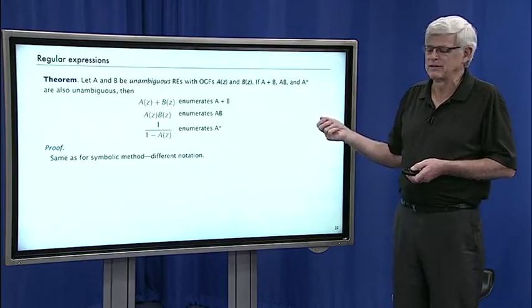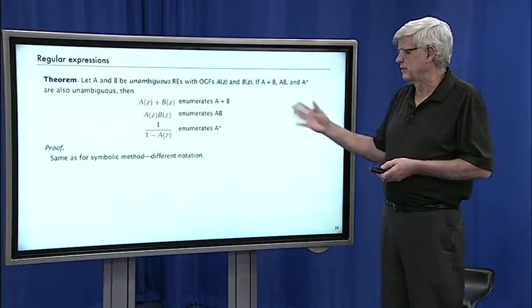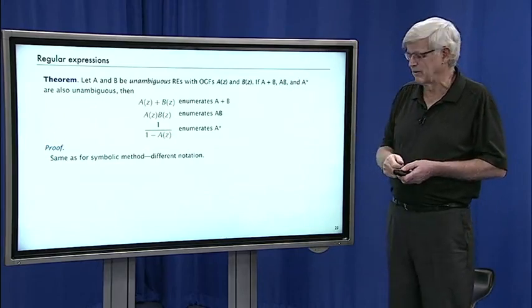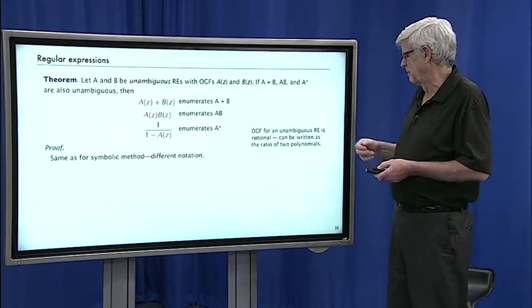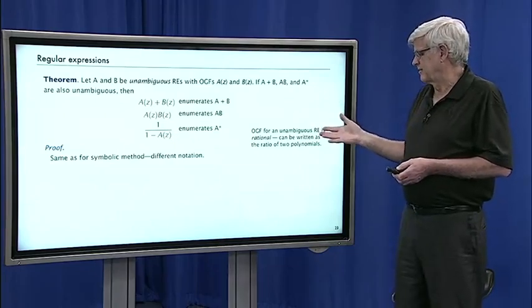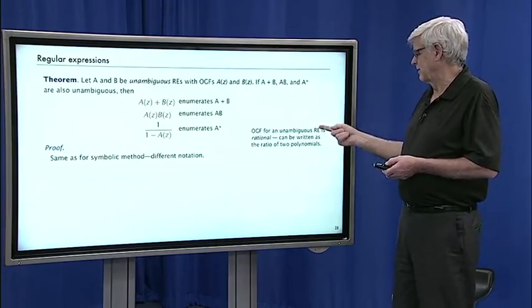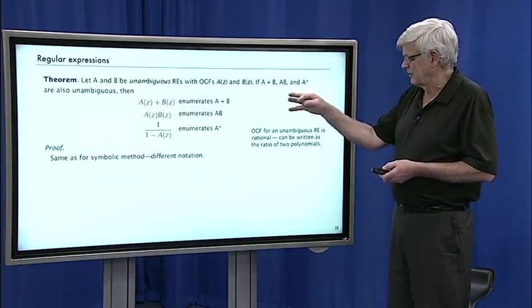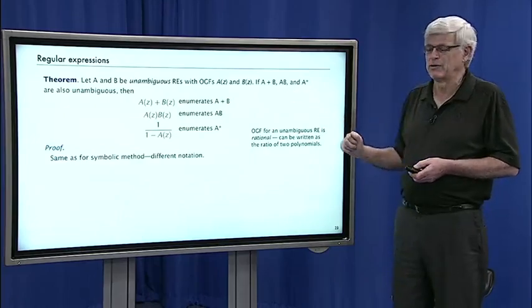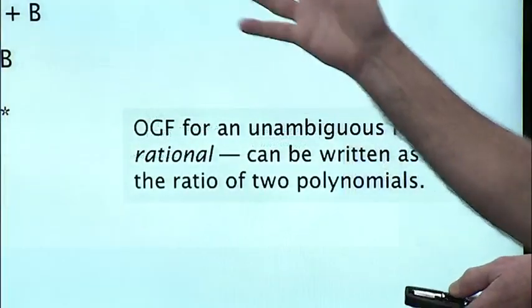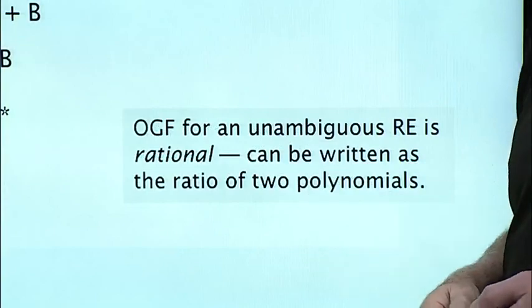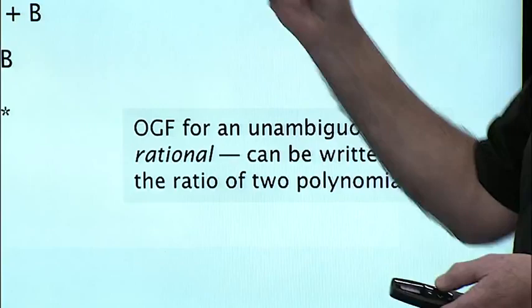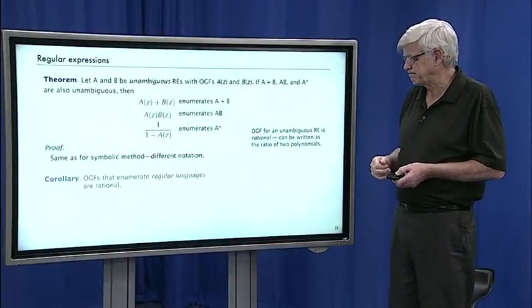It's really the same proof as the symbolic method with different notation, as long as the REs are unambiguous. So one thing this says is that the OGF for an unambiguous RE is rational, because all you get is a ratio of two polynomials. No matter how you apply these operations, you're going to get the ratio of two polynomials for the OGF.